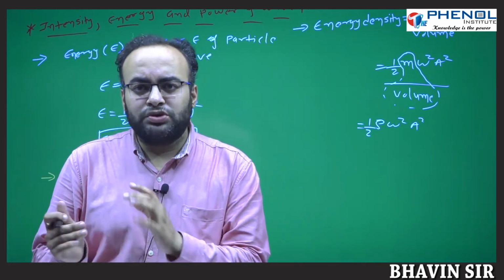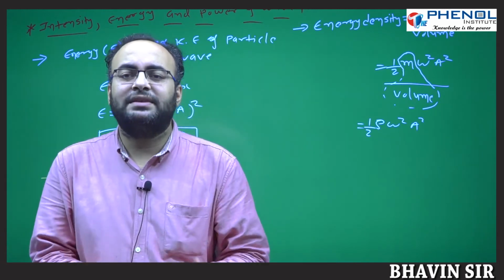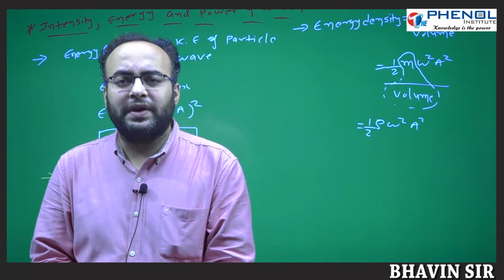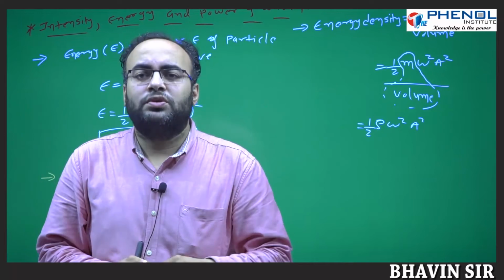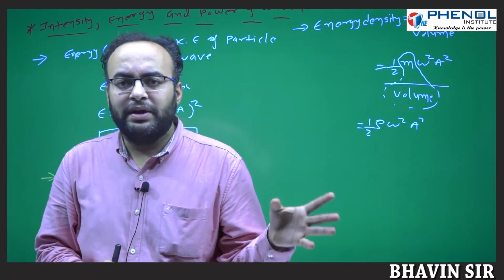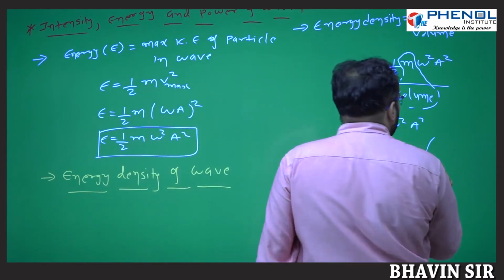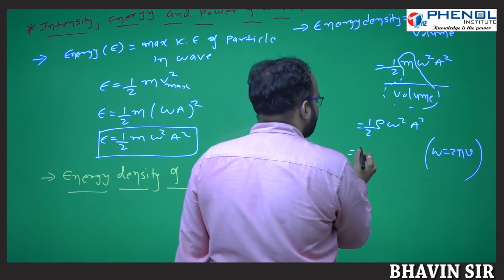But students, in most cases energy density and intensity are represented in terms of frequency, not in terms of angular frequency. So now, students, in place of omega we write 2 pi nu. So here we write omega is equal to 2 pi nu.